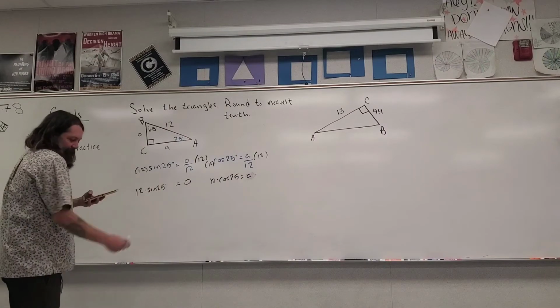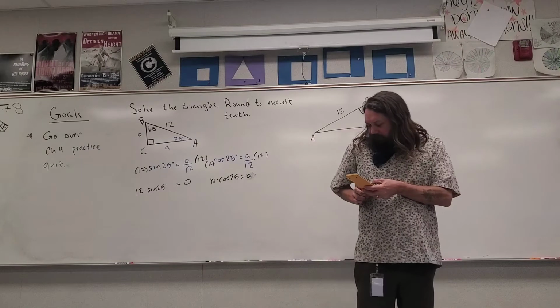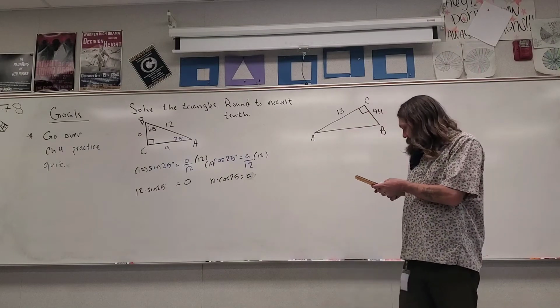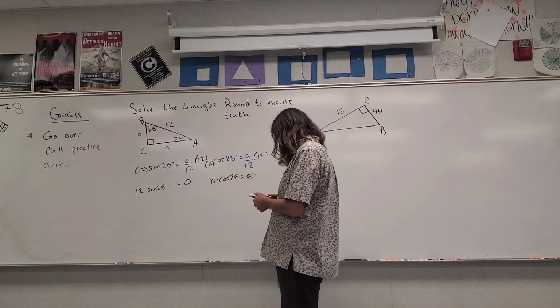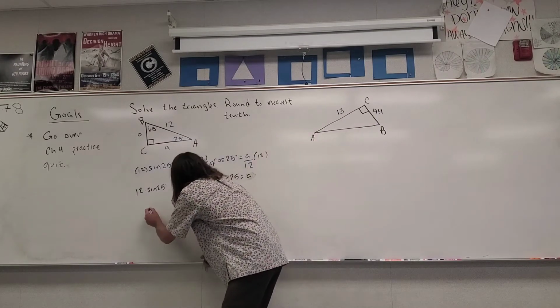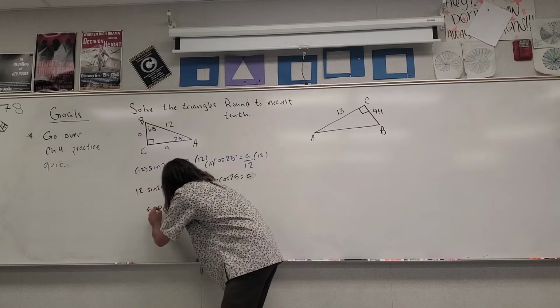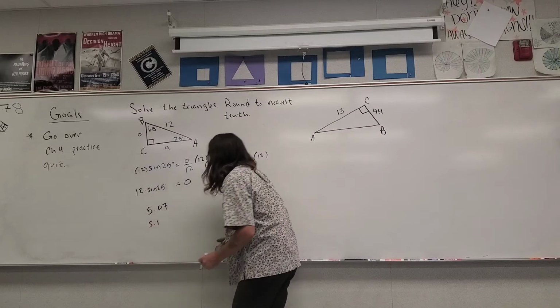All right, so my opposite length is 12 times sine of 25 degrees, which is 5.07. That's to the hundredth, so this rounds to 5.1.